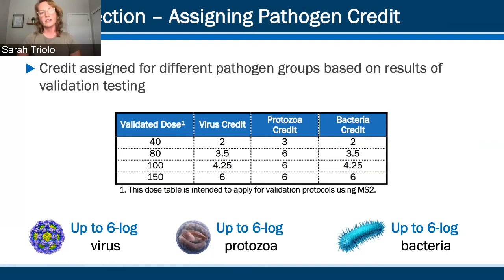And remember that the key there is that we're talking about recycled water reference virus rather than drinking water reference virus. So if you know that you need to achieve 3.5 logs of virus credit, you can come to this table and see that you need to have UV reactors that can achieve a dose of 80 millijoules per centimeter squared. And you can get up to 6 logs of credit for all of these 3 pathogen groups with UV.